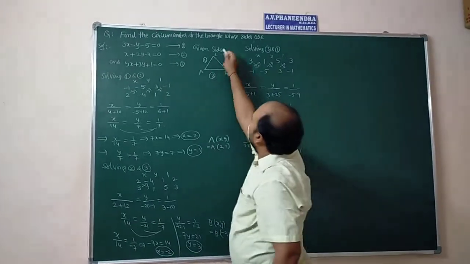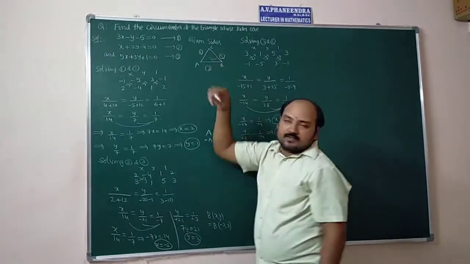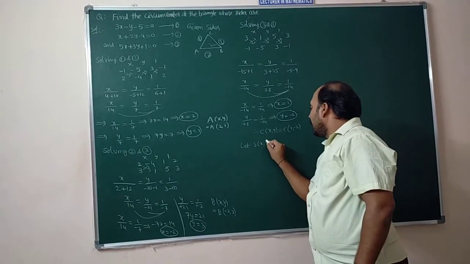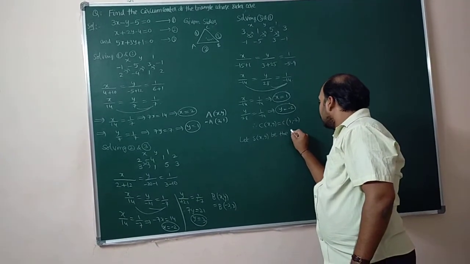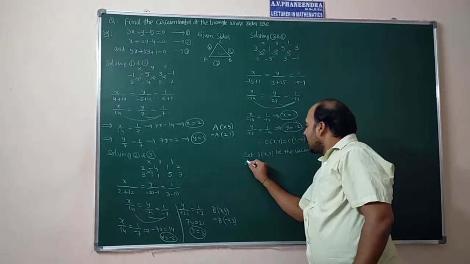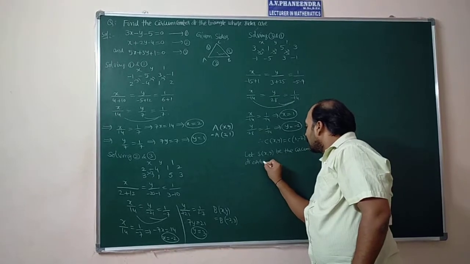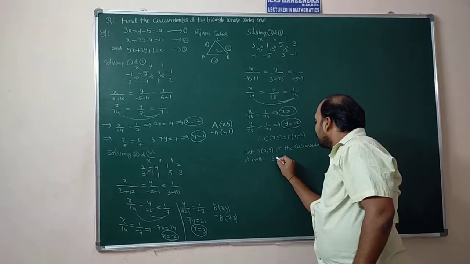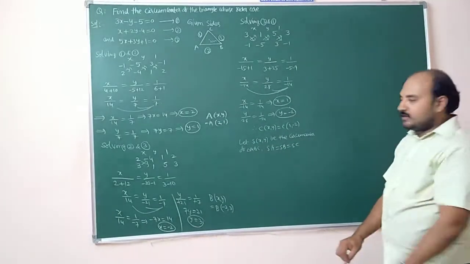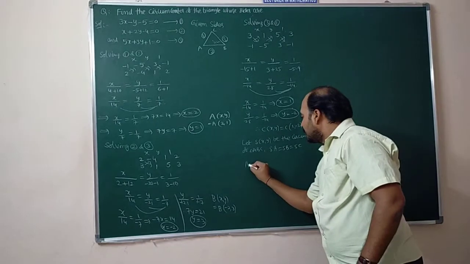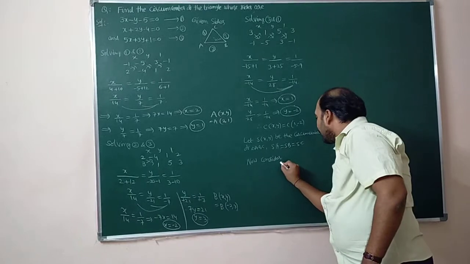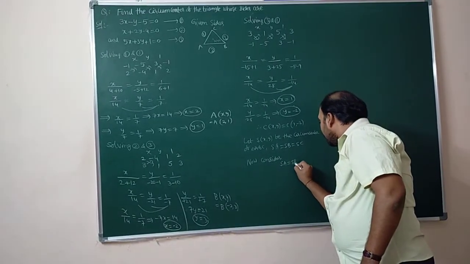After getting these 3 points, again consider the circumcenter. Let S of x comma y be the circumcenter of triangle ABC. Then we have SA is equal to SB is equal to SC. In the step, SA is equal to SB. Now consider SA is equal to SB.